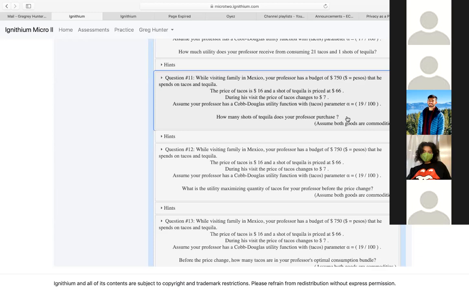So the way that economists say it is that all of these individuals that we're talking about, whether it's the criminal or the people in their household, or the taco and tequila purchaser, have preferences of what they would want if they could choose whatever they wanted, if there were no constraints, right?